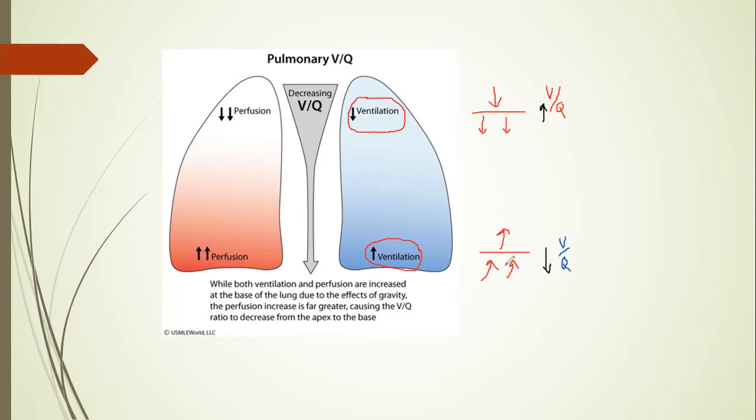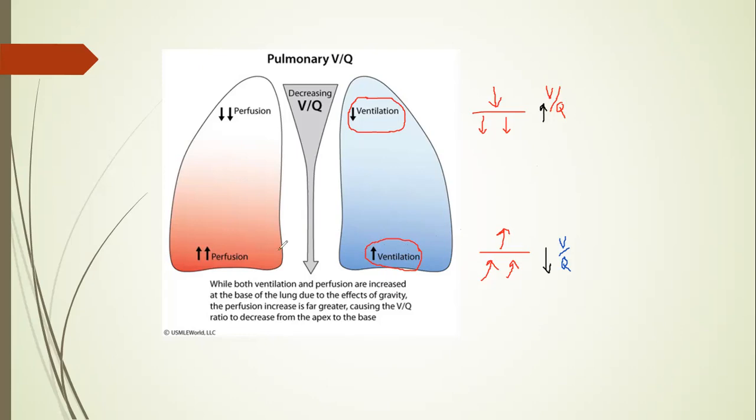Okay, so when we go to the lower part, this is at the base. At the base, we have very high perfusion and we have high ventilation. But when you compare the two, perfusion is much greater than ventilation. We have more blood vessels. We have more blood flow going to these areas.